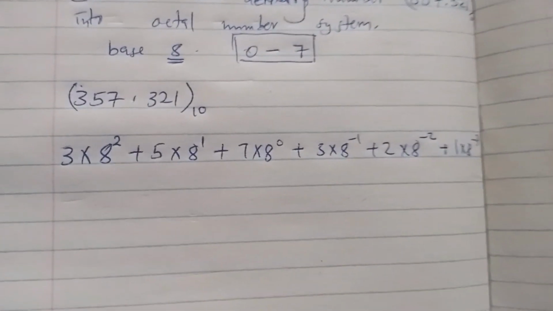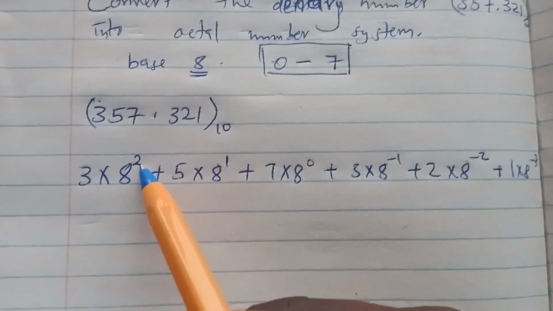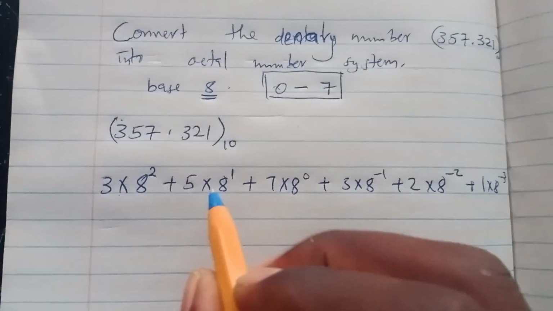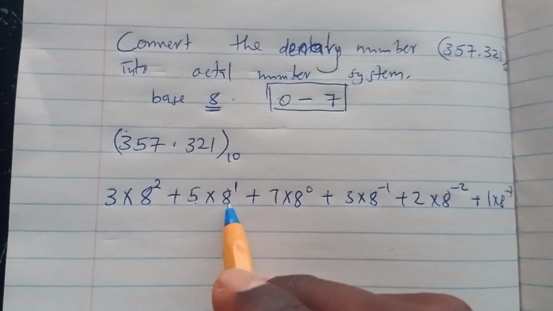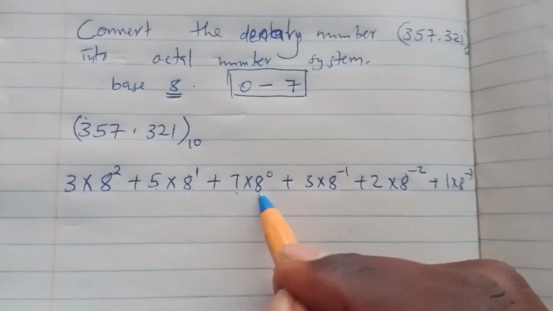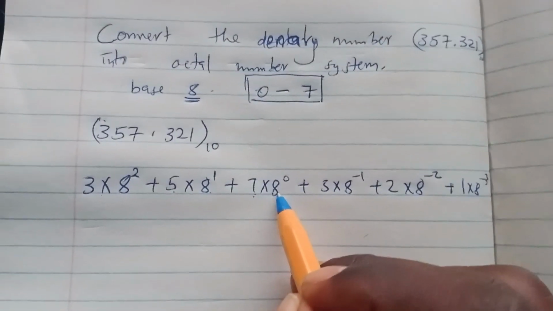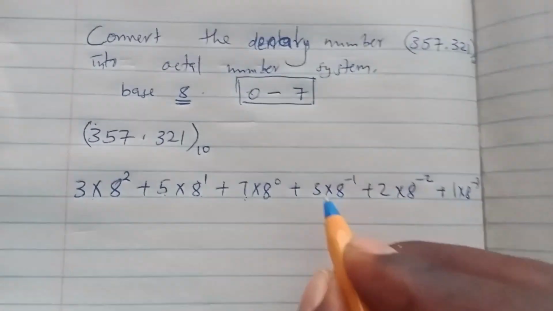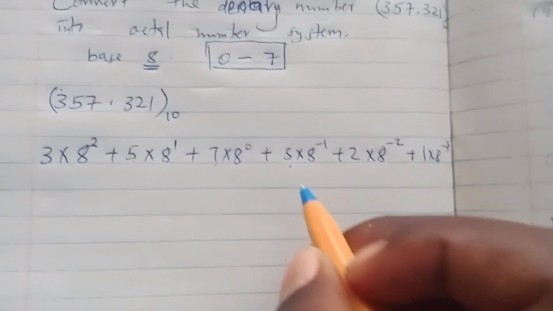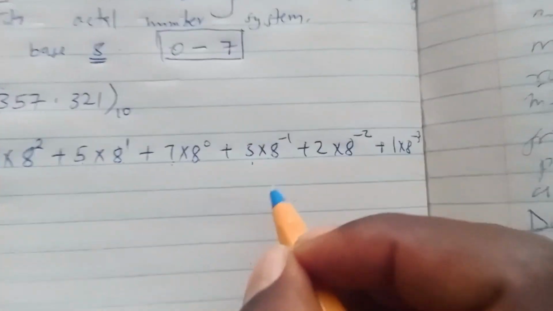So what you will get here: 8 squared is 64, times 3, and you also add 5 times 8, and you also add 7. Remember, anything power 0 is 1, so it is 7 times 1, which is just 7. You add 3 times 8 power negative 1, which is the reciprocal of 8, giving us 3 over 8.